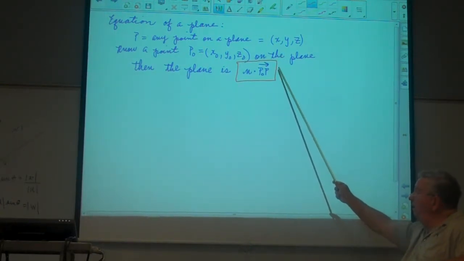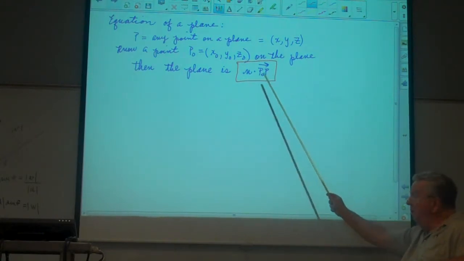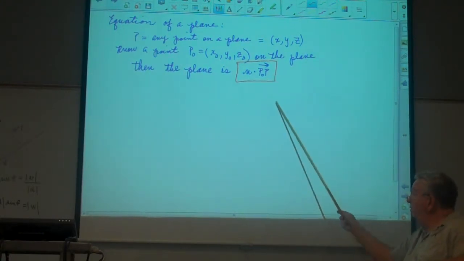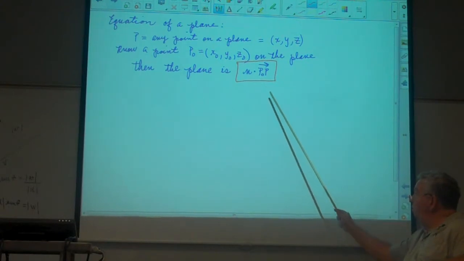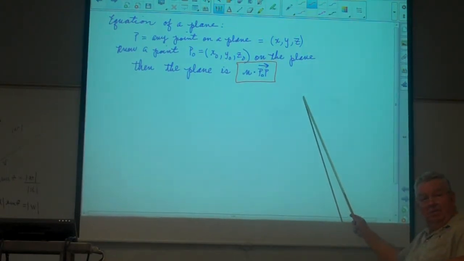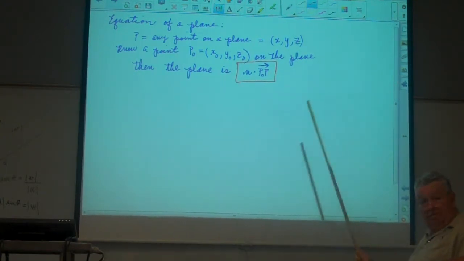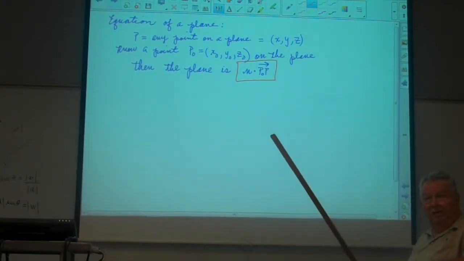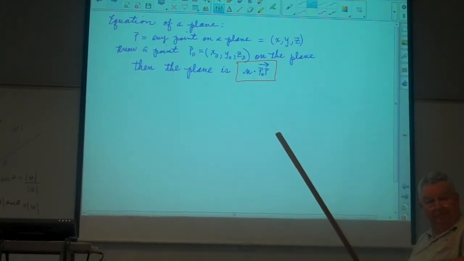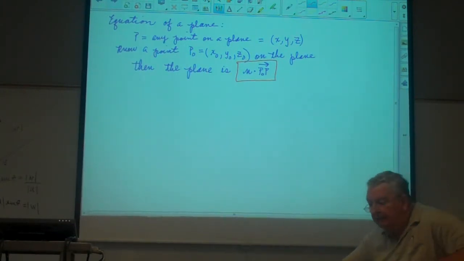So what you're going to have is a number, but it's going to be a left side with X, Y, and Z in it, and a right side equal to a constant. And that's going to be the definition of the plane. Okay?